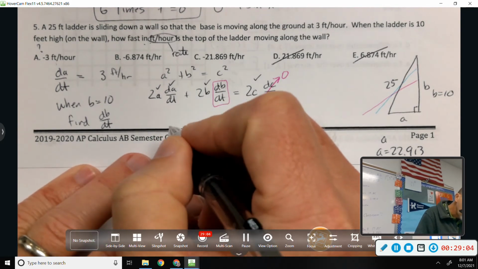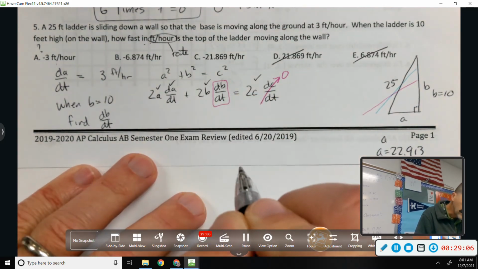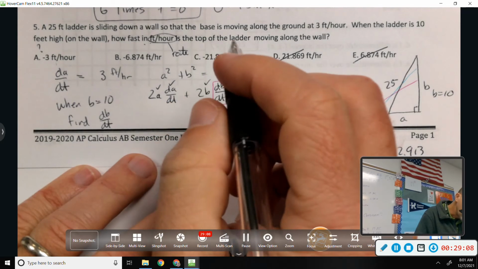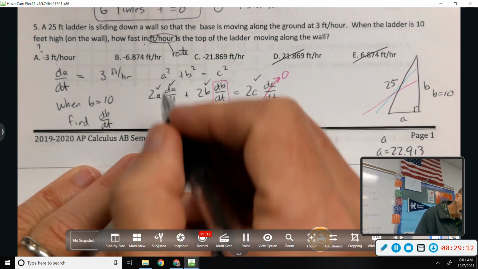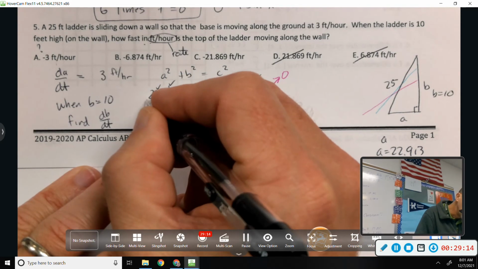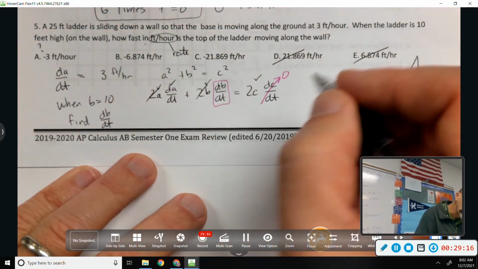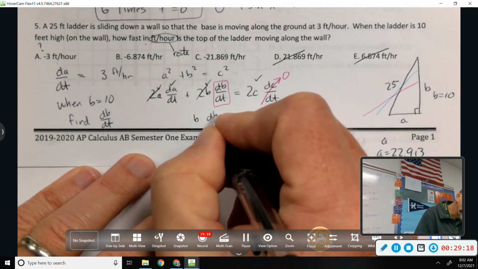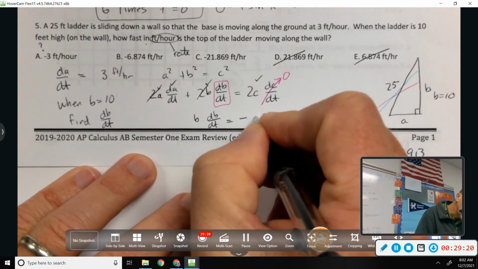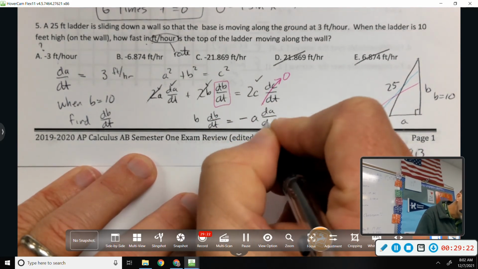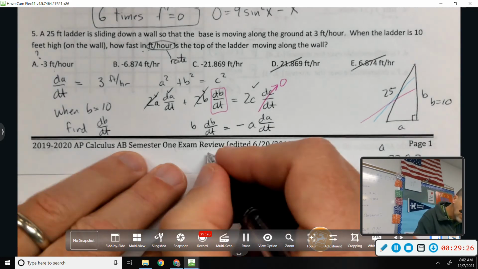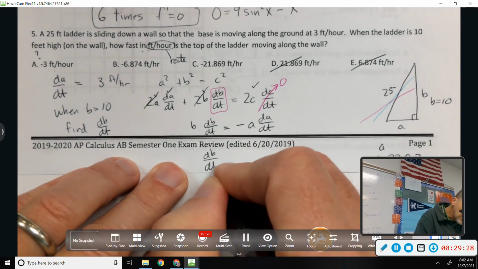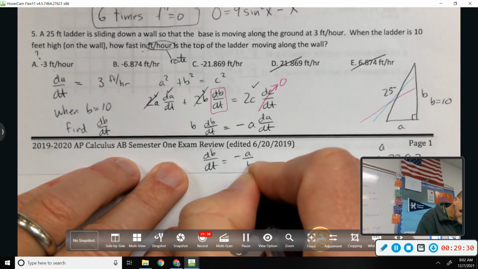So let's see, how much algebra do I want to do at once? Probably not too much. I can divide everybody by 2, make life a little easier. So B dB/dt equals negative A dA/dt. At some point I need to start plugging things in. dB/dt equals negative A over B dA/dt.